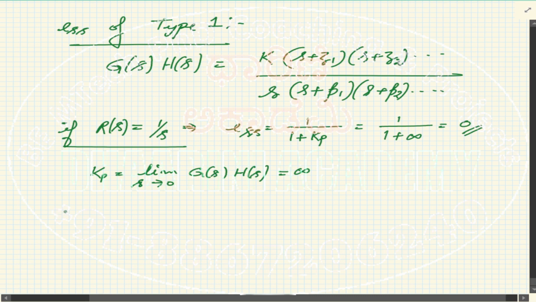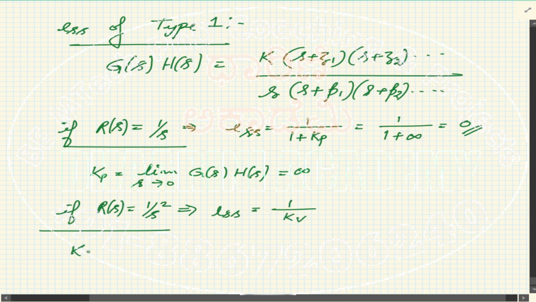Okay, so if R of s is 1 by s square, we know that ESS is equal to 1 divided by Kv, where Kv is nothing but the limit s tending to 0 of s into G of s into H of s.